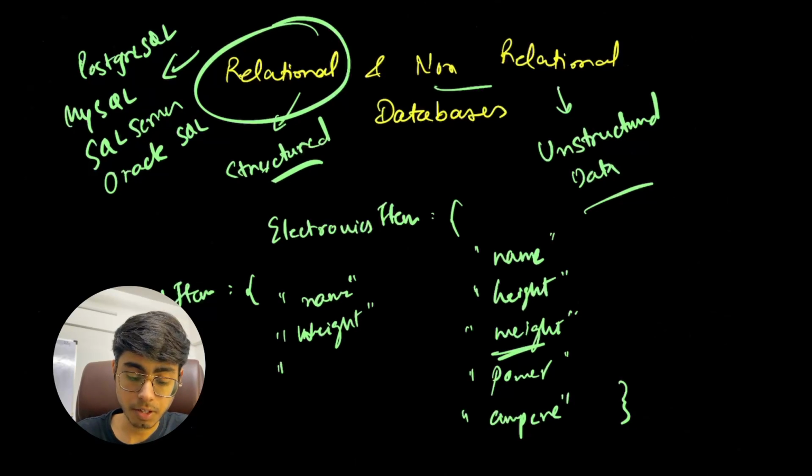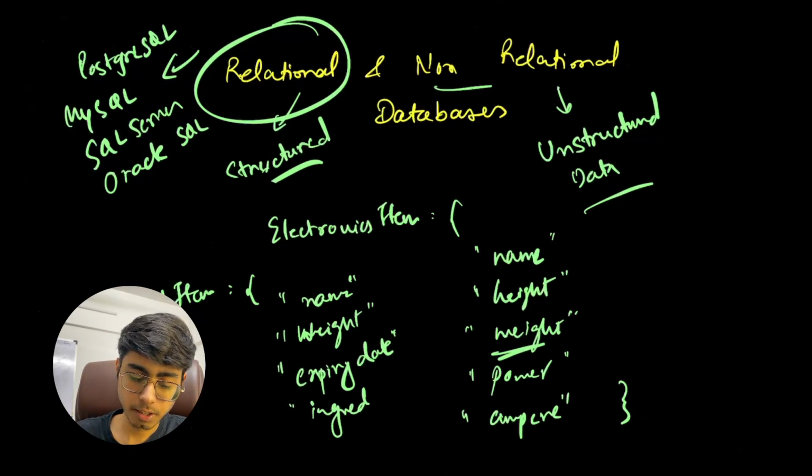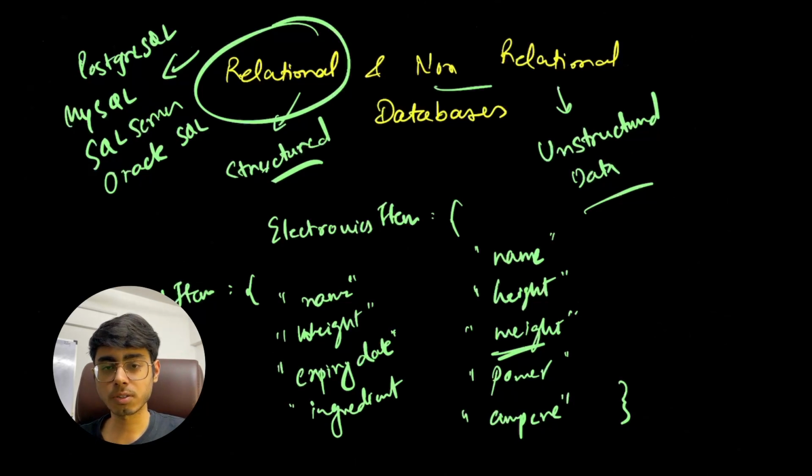But here we have an expiry date. Expiry date is not there in the electronics item, but it is there in bread. Then bread will have ingredients like wheat, sugar, or salt. The electronics item does not have ingredients.